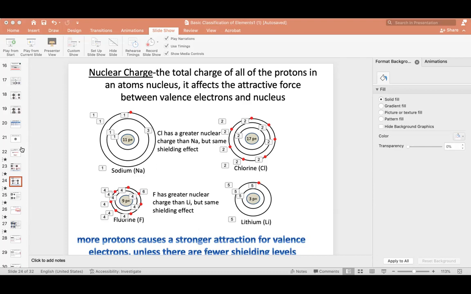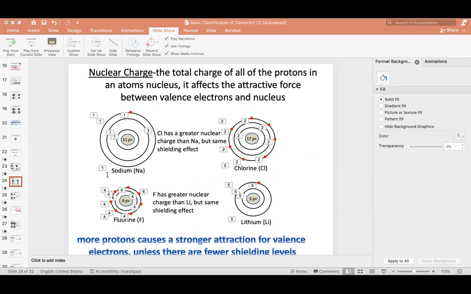Okay, so here we go. Shielding effect. The least amount of shielding would have the least rings. Lithium has fewer rings than silicon, calcium, or iodine. So the next would be silicon. Silicon would require 3 rings, so the shielding effect would be a little bit greater.